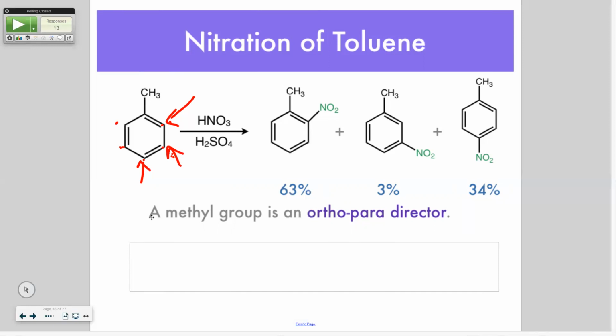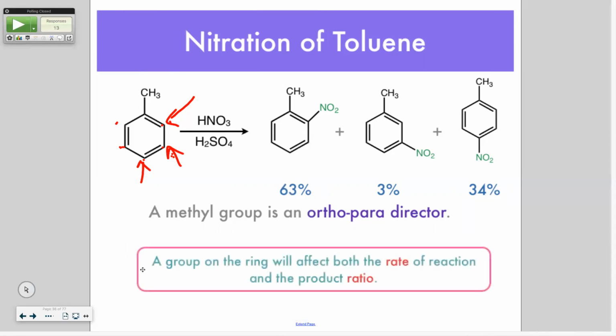That poor little nitro group has to go where the methyl tells it. Okay? A group on the ring is going to affect both the rate at which the reaction is going to occur and the ratio of the products. Okay, it's going to affect two things, rate and ratio.